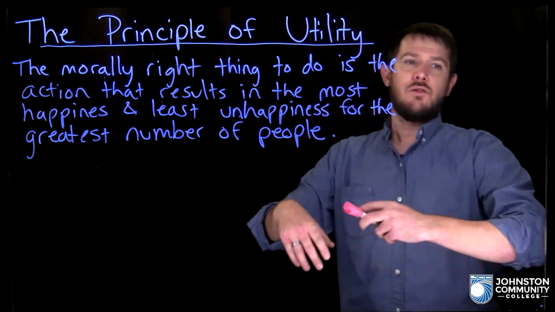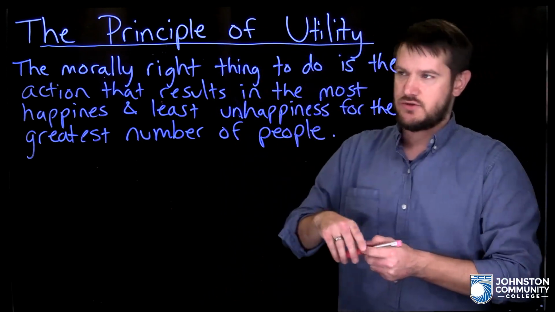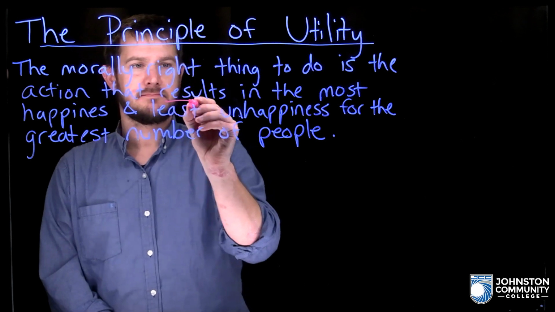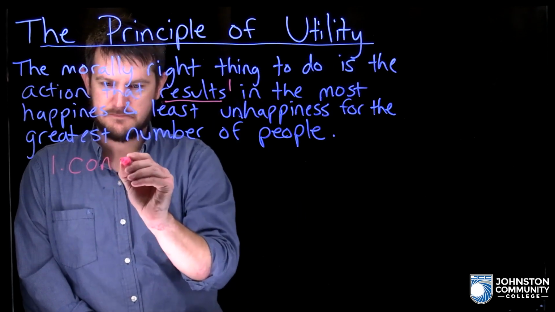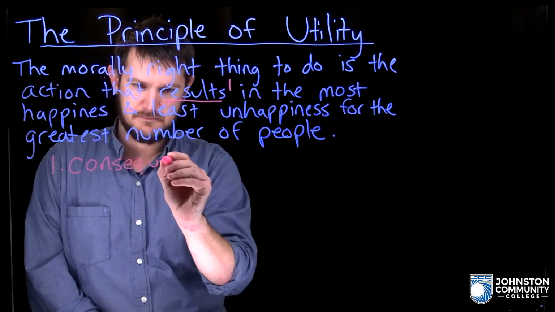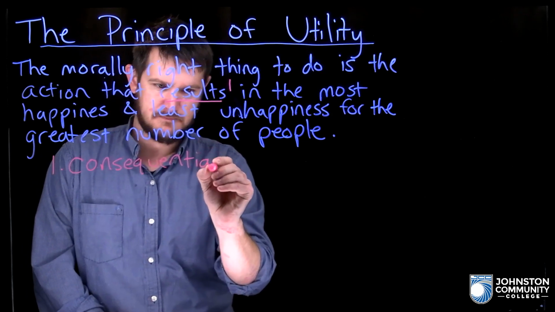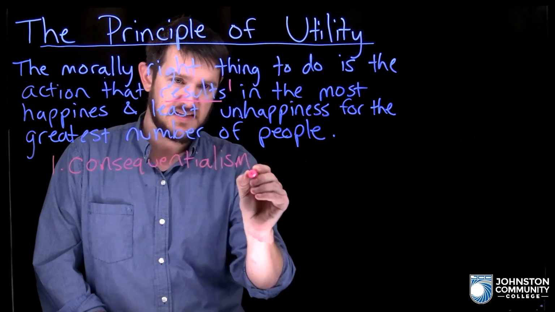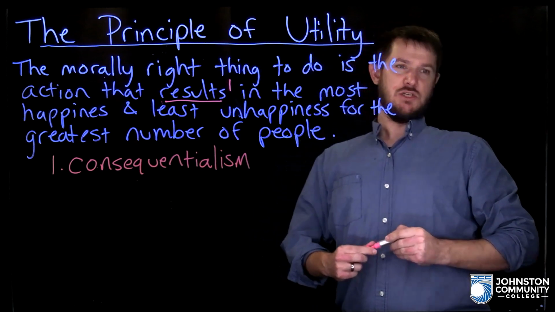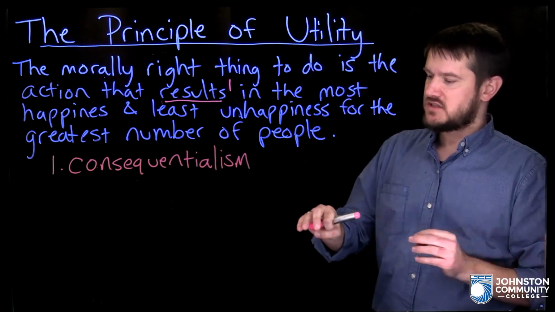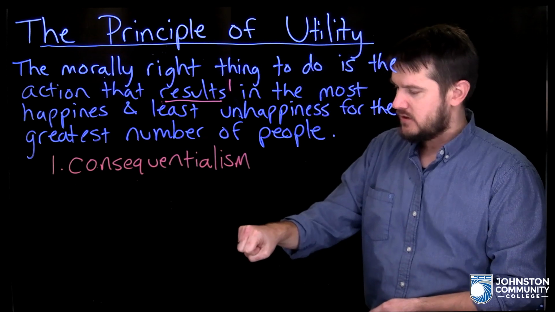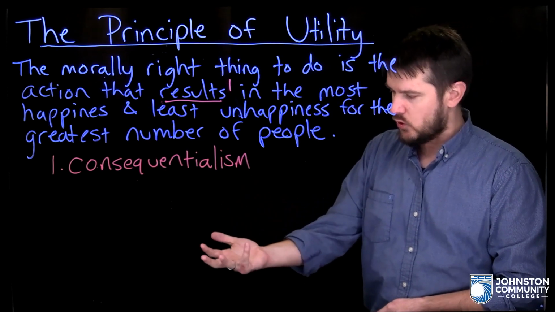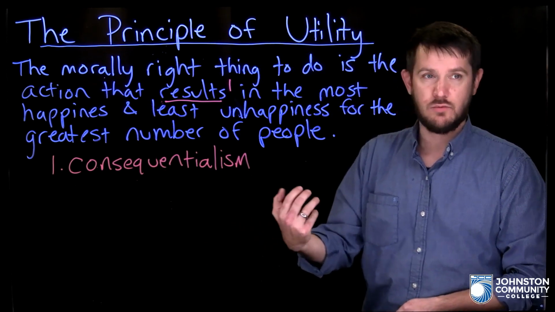First, the right thing to do is the thing that has the best results. That's called consequentialism. The consequentialist says that morality is primarily a matter of the consequences of our actions. The thing that we ought to do morally is the thing that will have the best results.